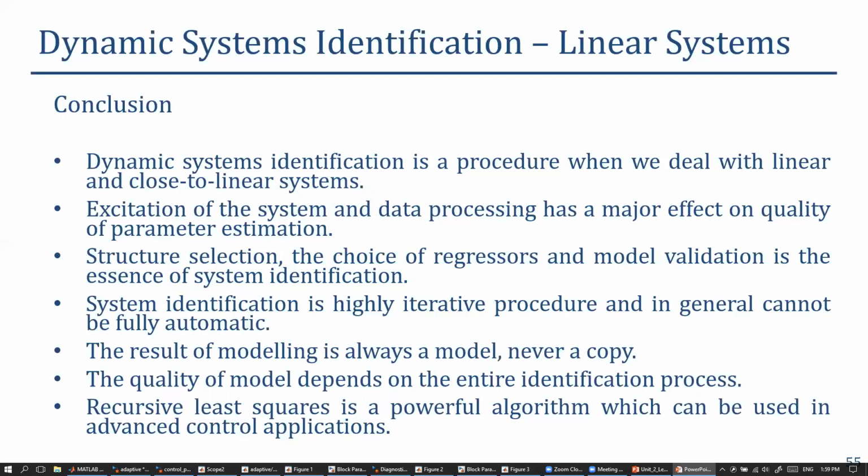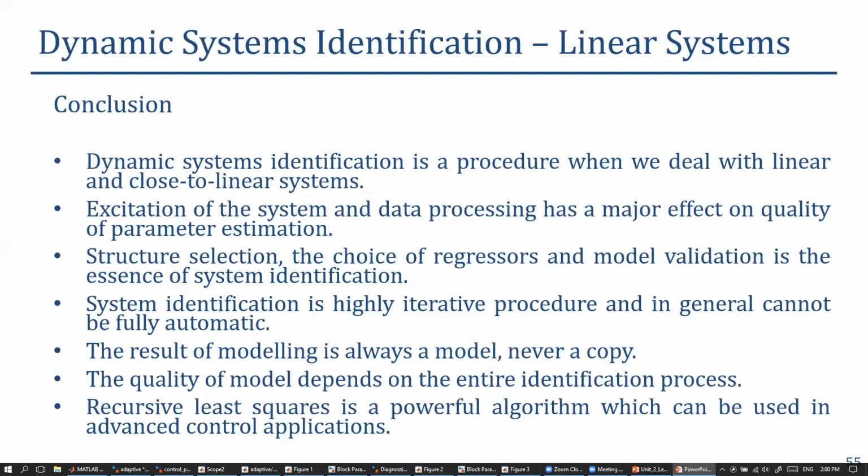You need to remember that the result of the modeling is always a model. It is never a copy. It is an approximation. You will never have the exact copy of the system. This is important to know.